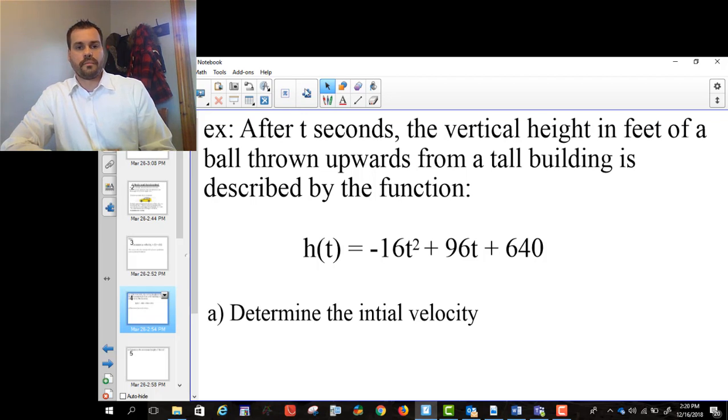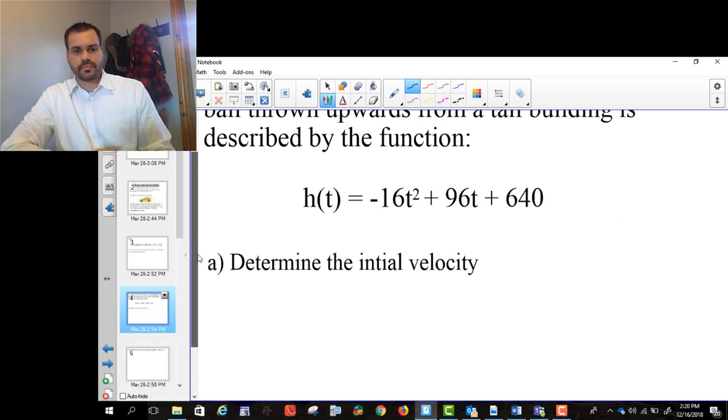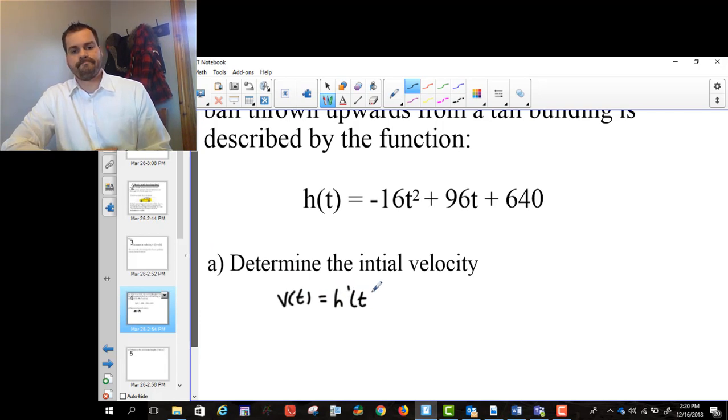So before, you would have to have some other form of information. You'd have to say a was negative 9.81 because it's the acceleration, the initial height was 640, and you could find the initial velocity somehow that way. But now what we can do is say the velocity is just the derivative of height. So it's just minus 32t plus 96.